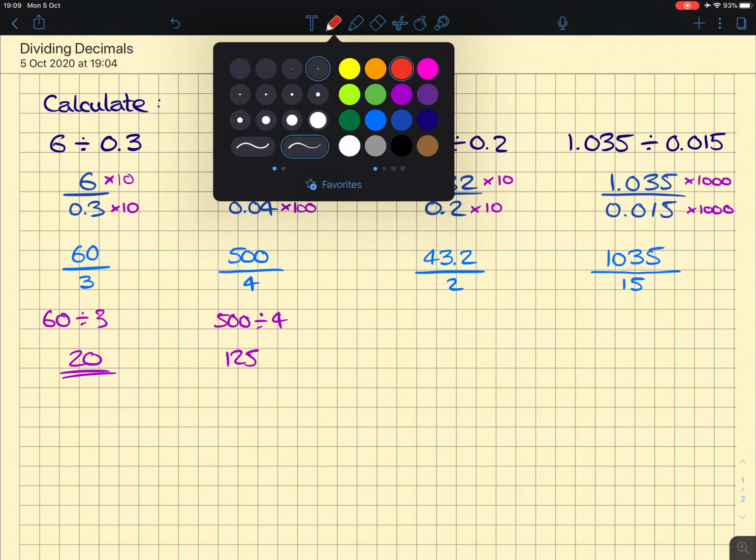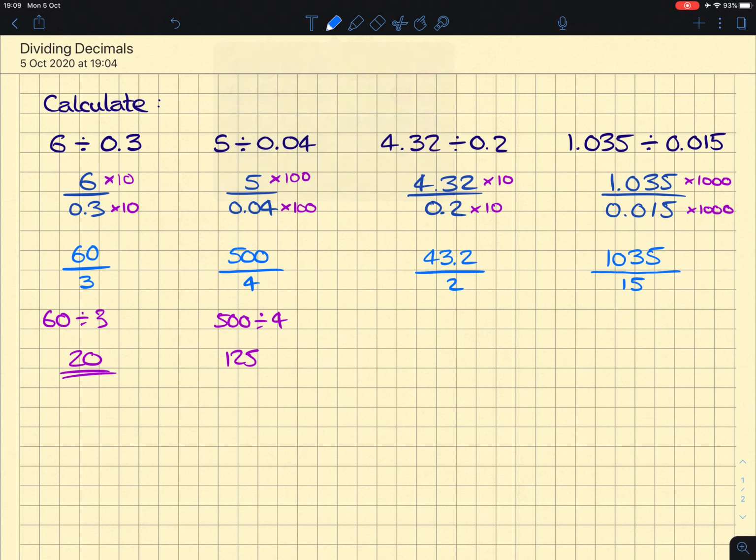The next one, now our numerator does have a decimal in it still, but that's not technically a problem. We set up our division by 2, say for example with the bus stop method, and we go through the motions. 2 into 4 goes twice with nothing left over, 2 goes into 3 once with 1 left over, remembering the point, and 2 goes into 12 6 times, so we end up with 21.6.